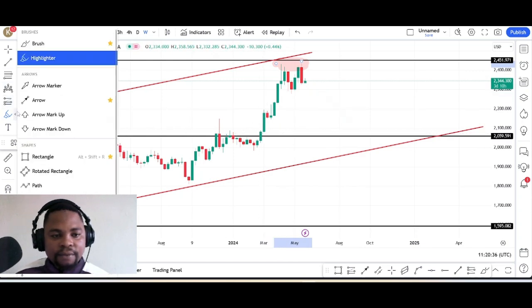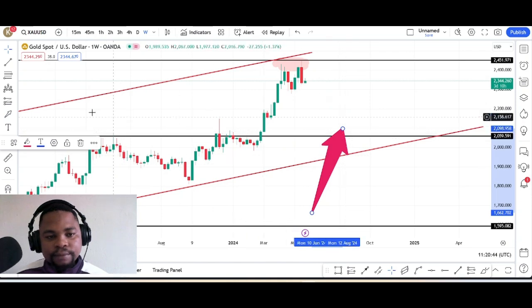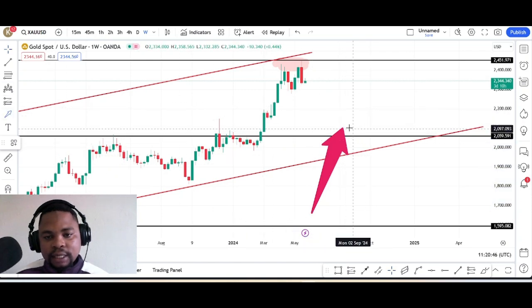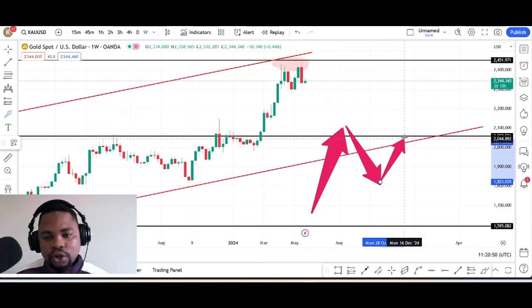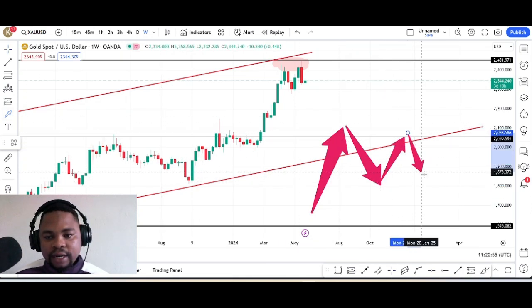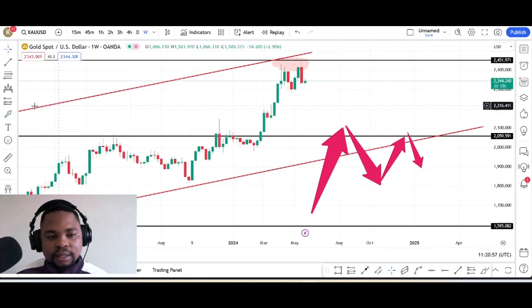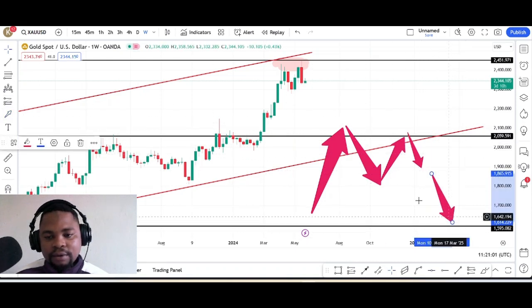When you have an M formation, it simply means that you are looking for what? You are looking for selling opportunities. An M formation is something of this nature. When you have already started with an M like this, you're looking for continuations to the downside.